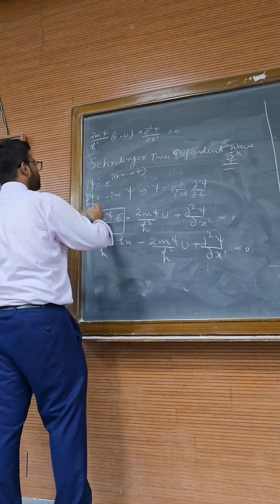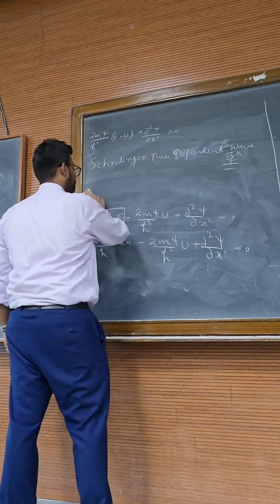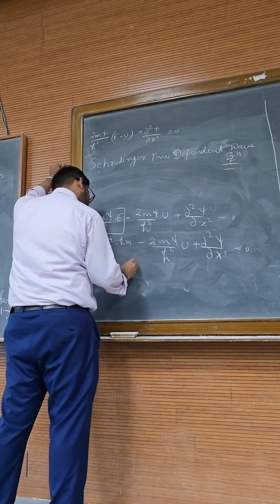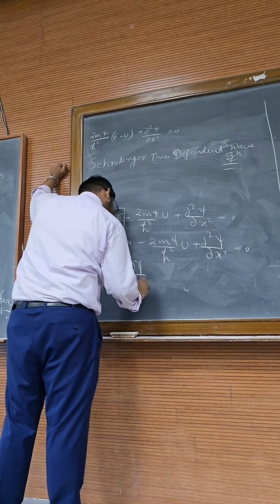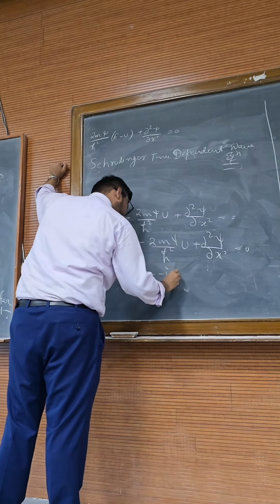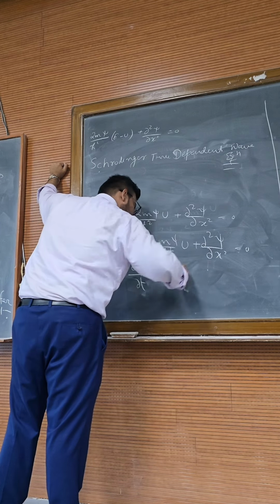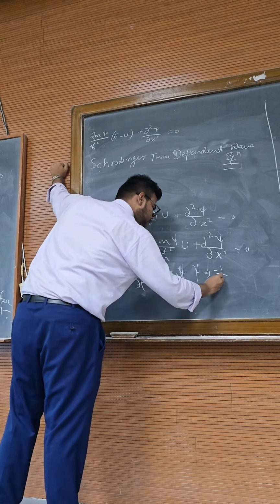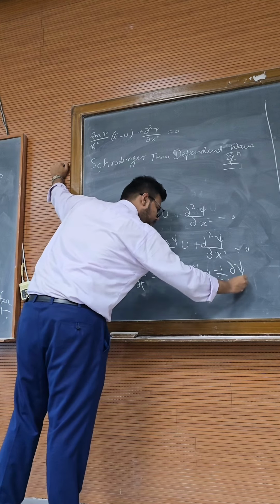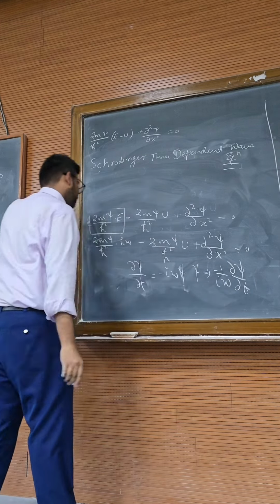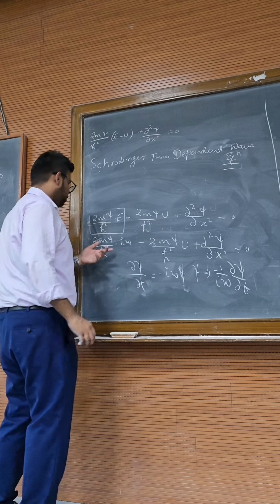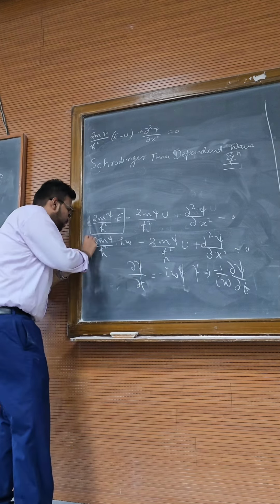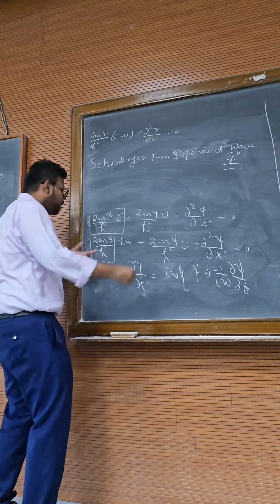Okay, so you got this, and now from this you will end up getting what was ∂ψ/∂t. It was negative iω into ψ, right? Okay, so ψ is equal to negative 1 upon iω times ∂ψ/∂t. I hope you are understanding what I am saying, right? So you substitute the value of ψ in this expression only. Let's see what you get.